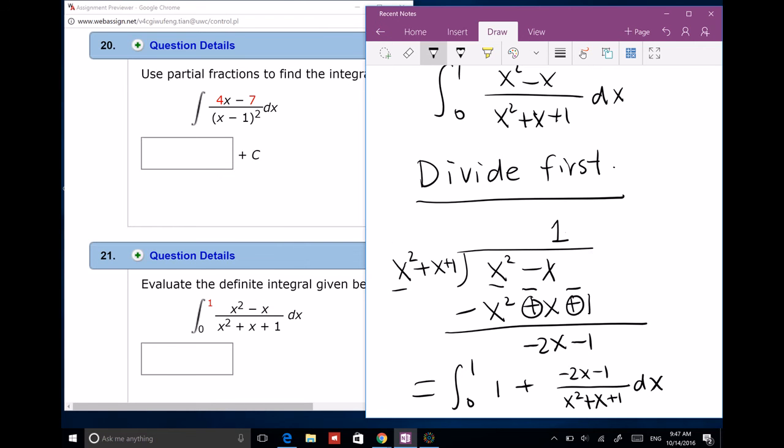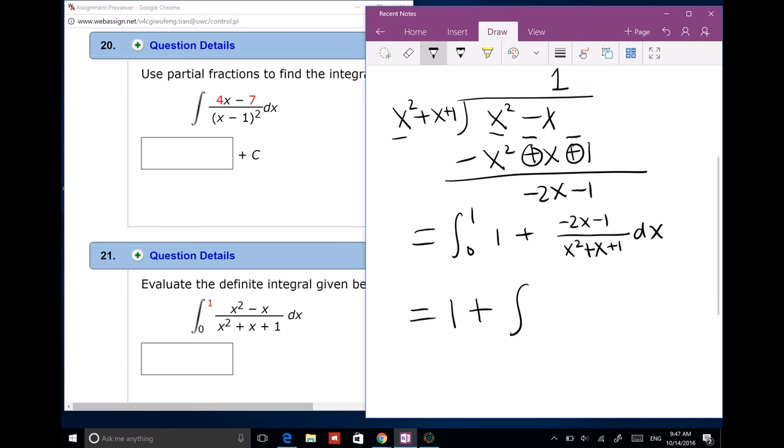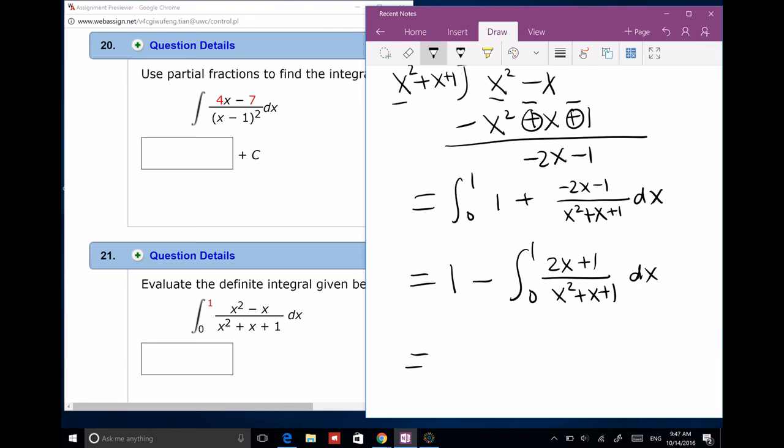You divide it first, then I have a power which is less than the denominator's. So the antiderivative of 1 is x, plug in 0 and 1, which is 1. Plus, well, I can do minus because both are negative, the integral from 0 to 1 of 2x plus 1 over x squared plus x plus 1 dx. From here, can anyone tell me what you notice? Do you notice anything special?